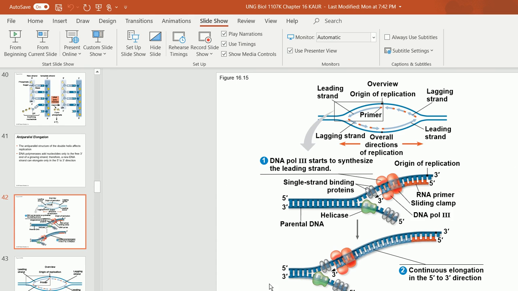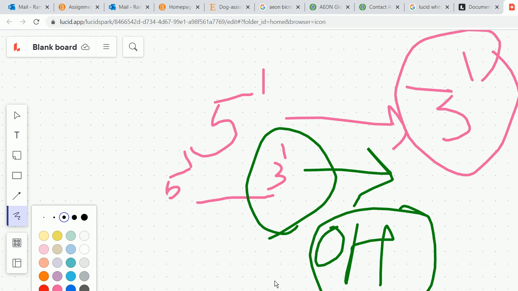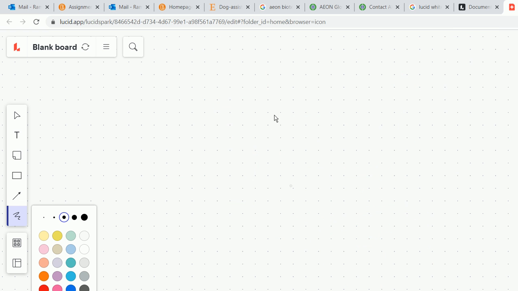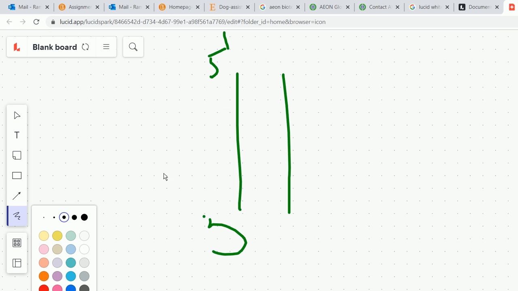Let me go back here and show you on the board what I'm talking about. Okay, let's erase everything. 2 strands of DNA are antiparallel in nature. One strand is 5' to 3'. This strand is 3' to 5'.